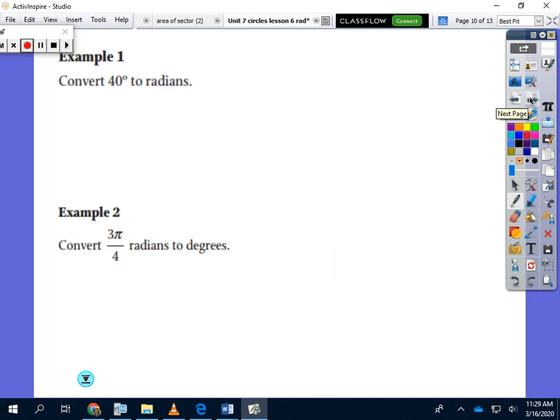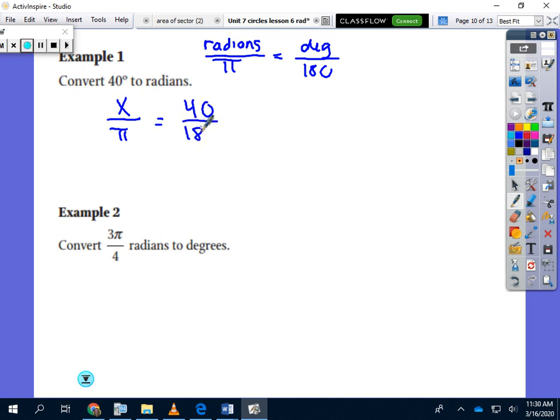Convert 40 degrees to radians. Okay, so remember I have radians over pi is degrees over 180. I know degrees, so radians is going to be my x. So x over pi is equal to 40 over 180. Well, let's see.